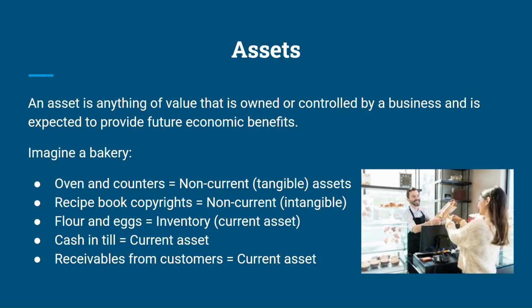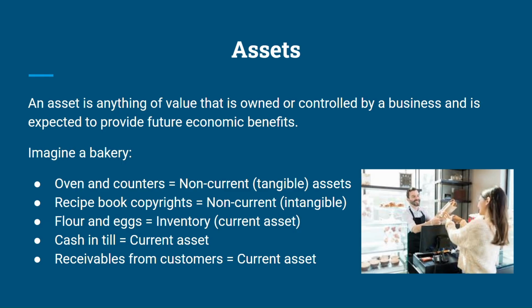Now, first of all, let's understand what an asset is. An asset is anything that a business will own that will allow the business to benefit financially. So, for example, let's say you have a bakery as a business, and in this bakery you have many things.